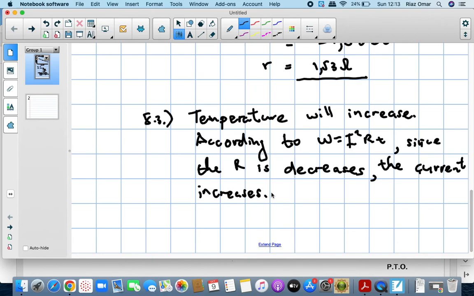Since the R is decreasing, the current will increase. The temperature of the battery will increase because the internal resistance will be affected. Okay, so we'll stop there.